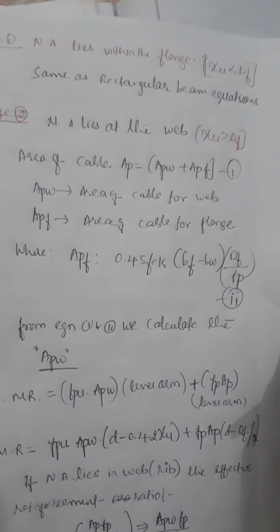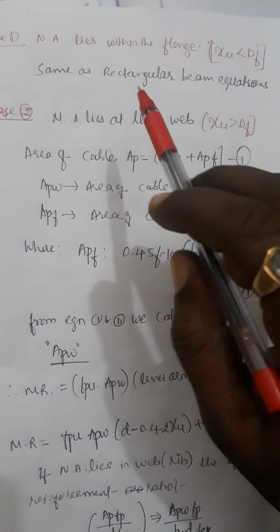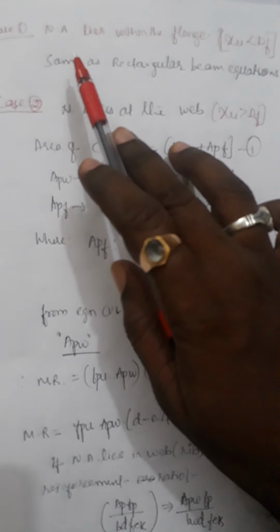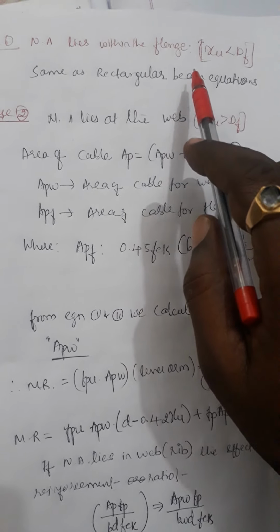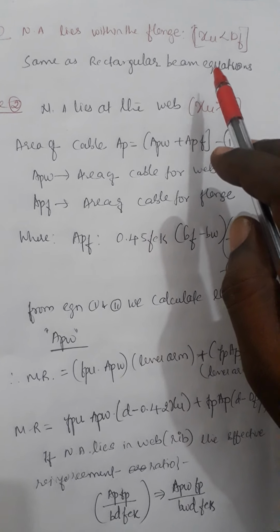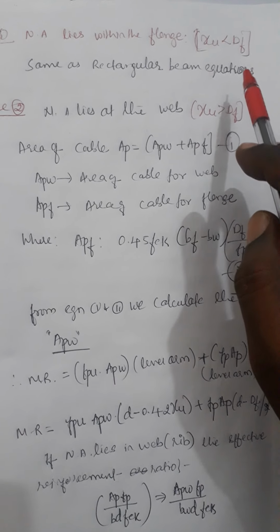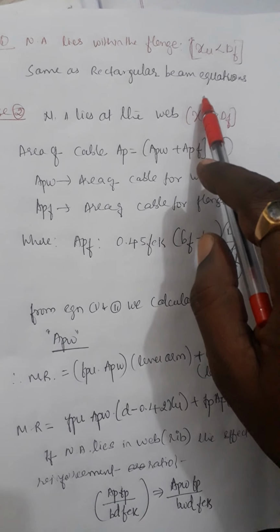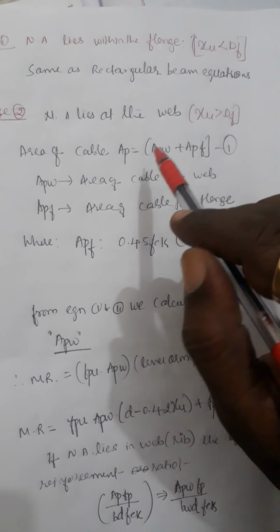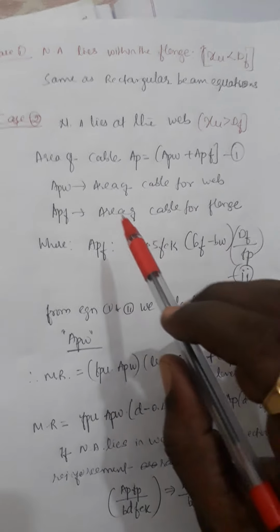Okay. So case 1, the neutral axis lies within the flange, that is xu is less than the depth of the flange, then it is the same as the rectangular section, where I used the previous formula, no changes.